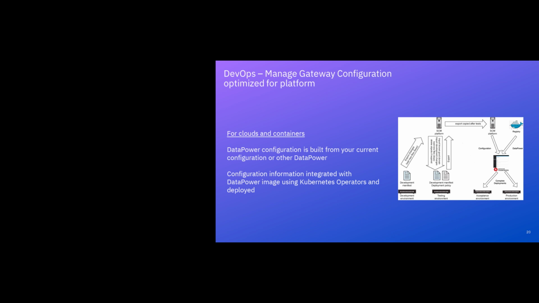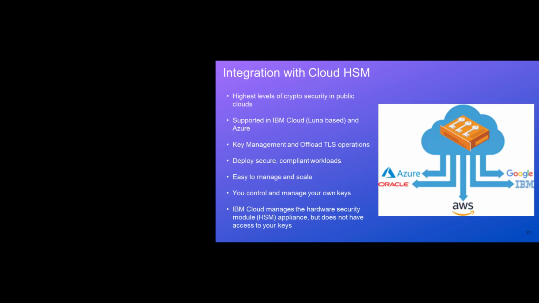Because right now there are two separate DevOps experiences that I want to begin to unify. My mantra is DataPower is DataPower is DataPower, no matter where I deploy it. The other thing happening is, as you know, we've started integrating with cloud HSMs recently.